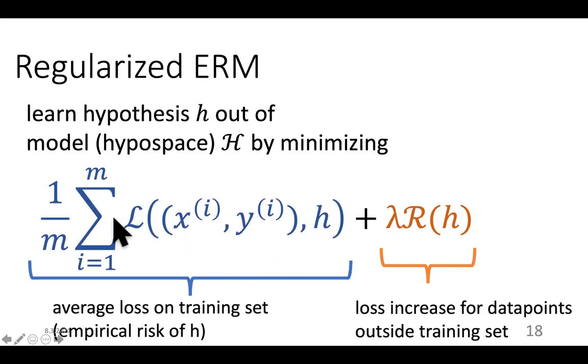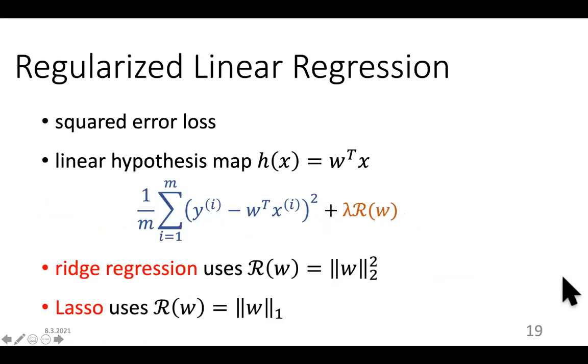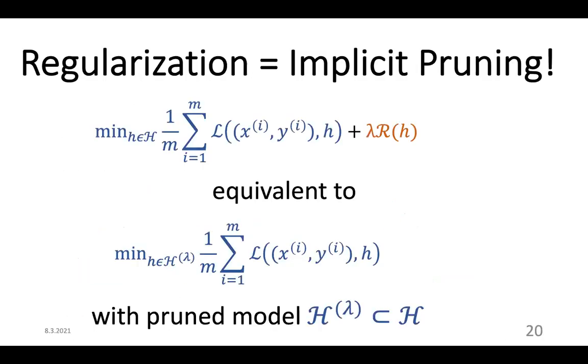So this is the error on the training set, and this term here is our guess for how much the error on new data points will be larger than the training error. It sounds a bit hard to believe at the moment, but there are good and reasonable ways to come up with such guesses. However, we can understand these regularization terms from a different perspective. We can find an equivalence.